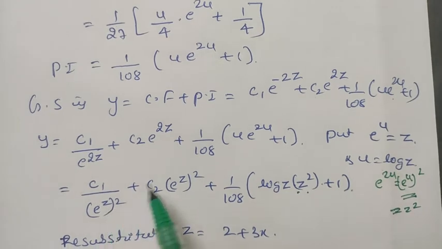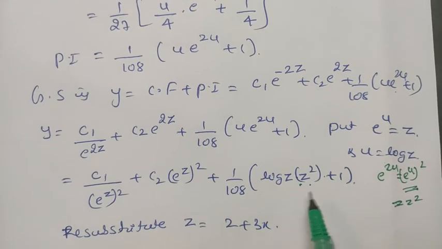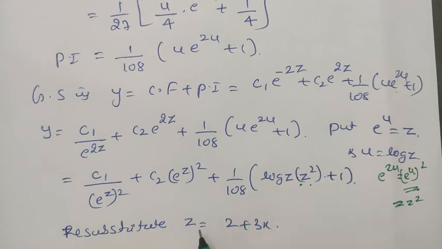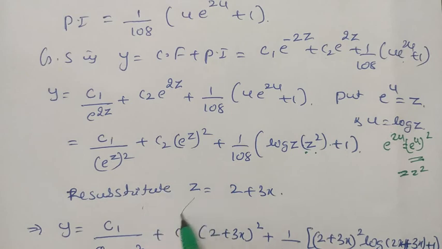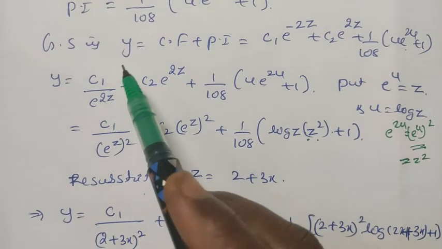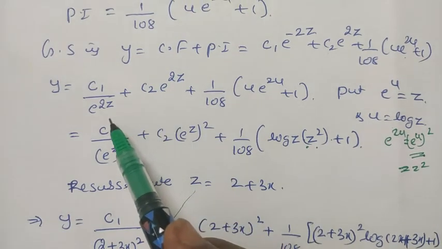So now the whole equation is in terms of z, but our equation is not in terms of z, it is in terms of x, and again resubstitute z equals 2 plus 3x. So c divided by e raised to minus 2z, we take it down, it becomes 1 divided by e raised to 2z.